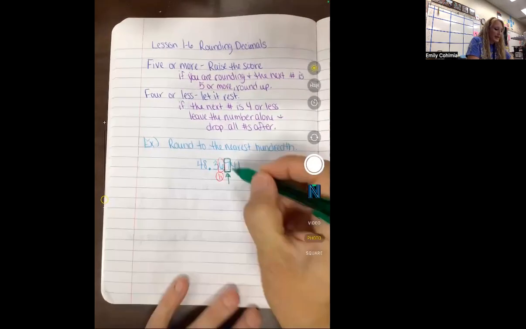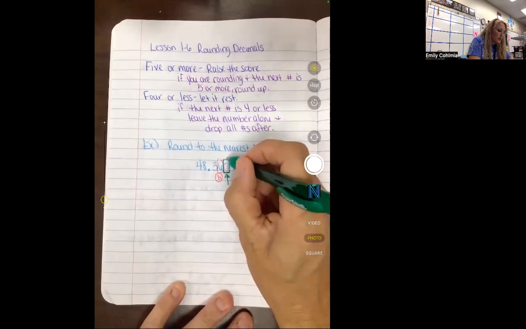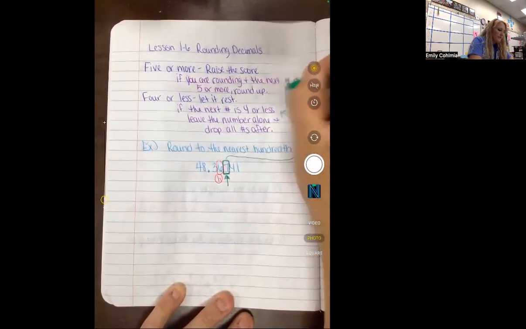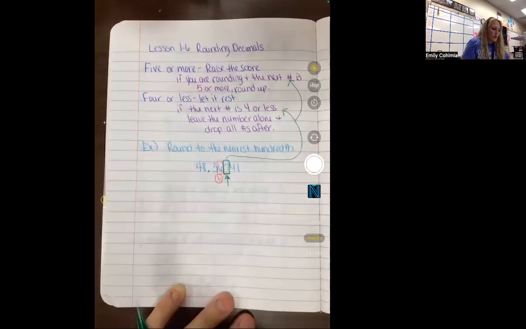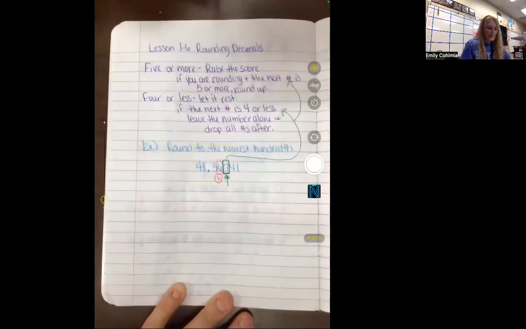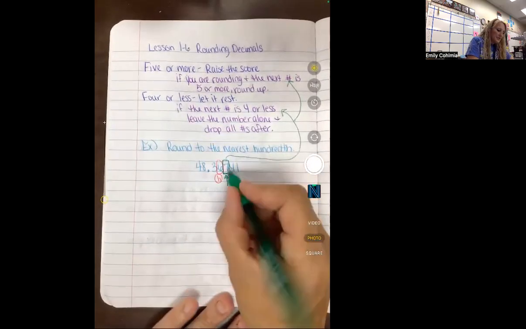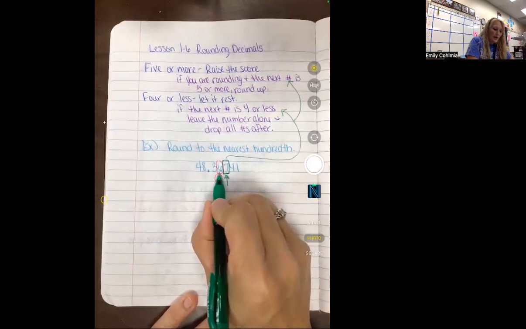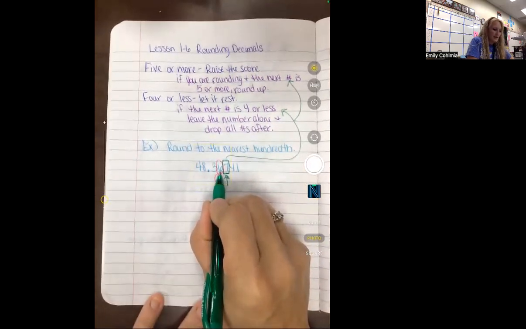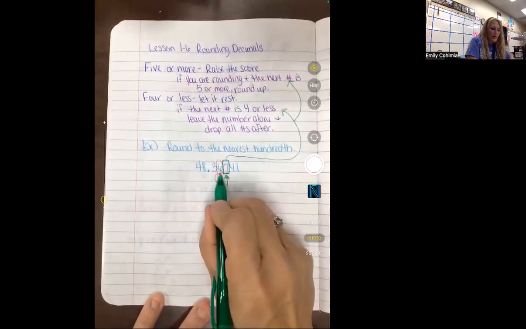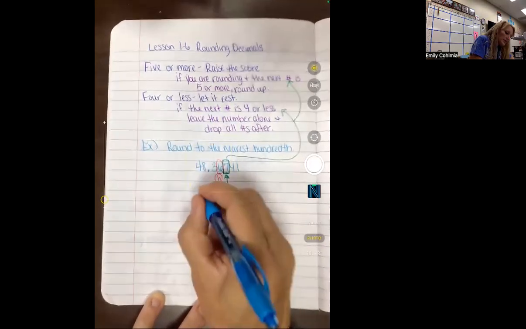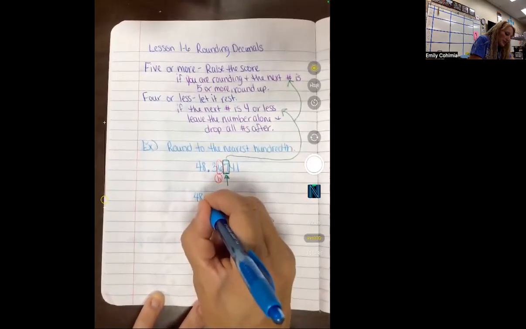That's the one that we're really interested in, so we're going to go to our sayings. Is it 5 or more, or is it 4 or less? Well, 7 is 5 or more. So we're going to raise the score. 5 or more, raise the score. What that means is that we're going to look at our hundredths place and we're going to round the 6 up to a 7. So this tells you what to do, but the 6 is what we're actually rounding. So this is going to be 48.3.